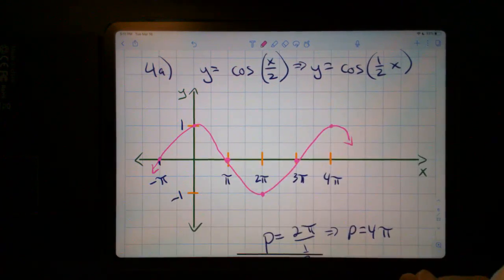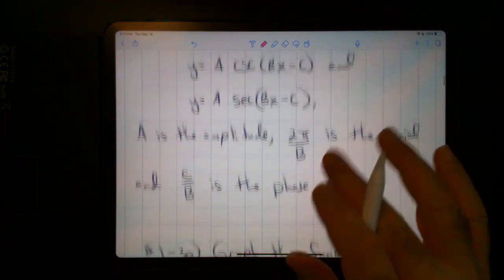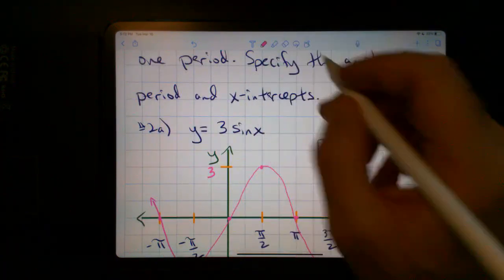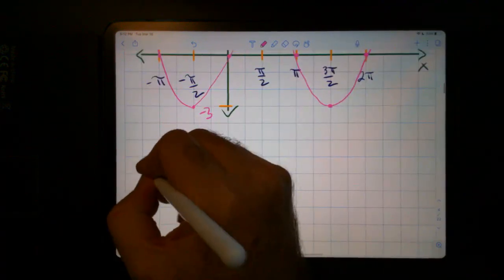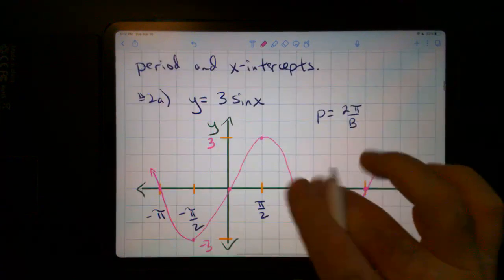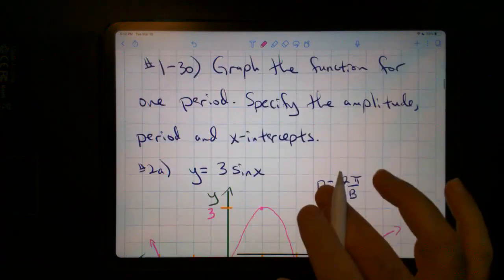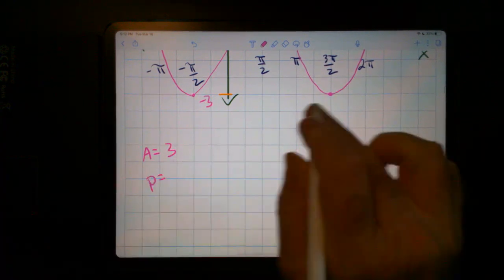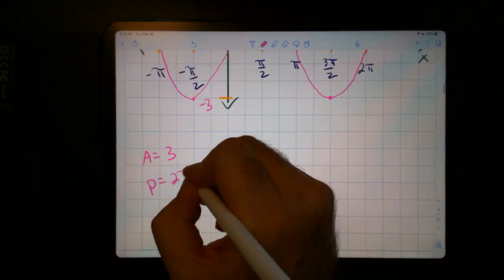Okay. Oh, I didn't label some good points. Specify the amplitude. So this amplitude is 3. It's just a coefficient in front of the trig function. Period. Okay. Your period is going to be 2 pi.